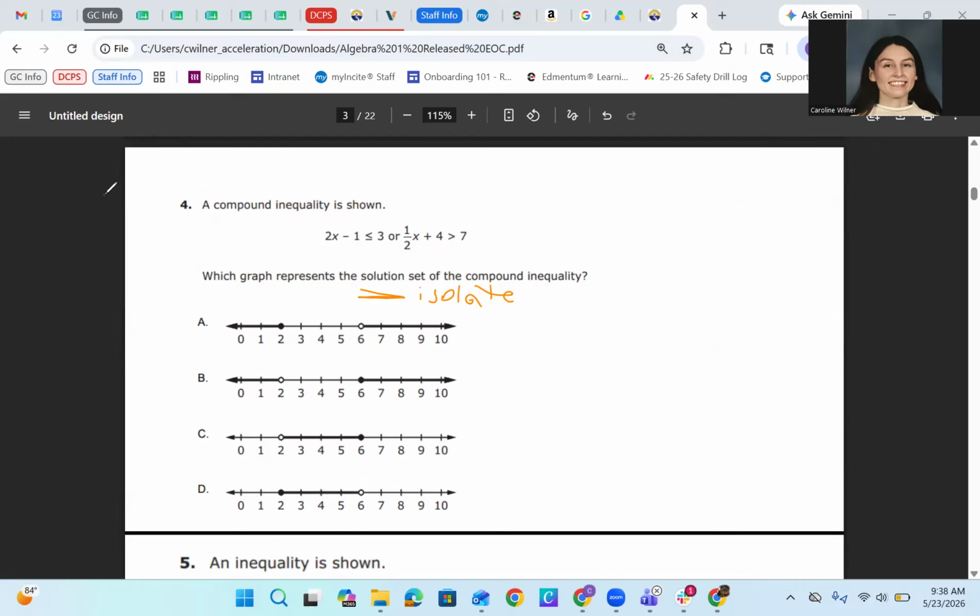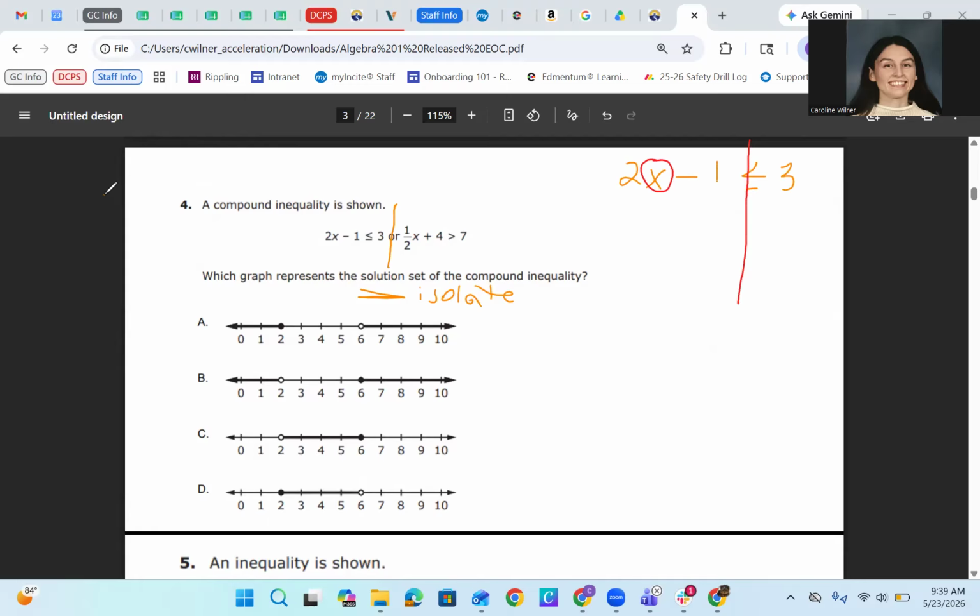Now, how am I going to know where they're separated? Notice that word or, that's going to separate them. There's one on the left of or, and there's one on the right of or. Let's start with the one on the left. I have 2x minus 1 less than or equal to 3. Again, if I'm solving, I'm circling, drawing a line down the inequality sign.